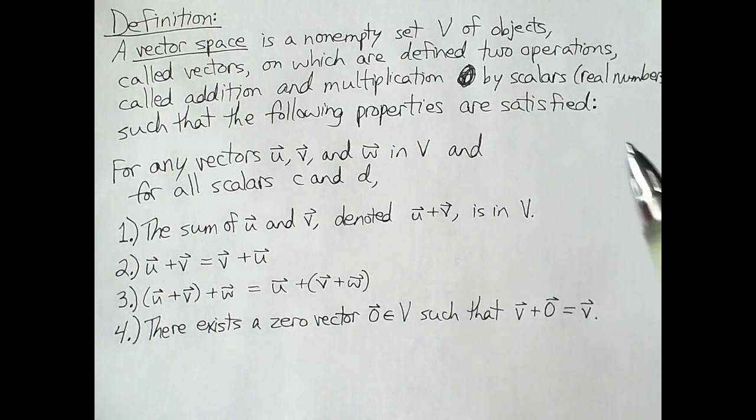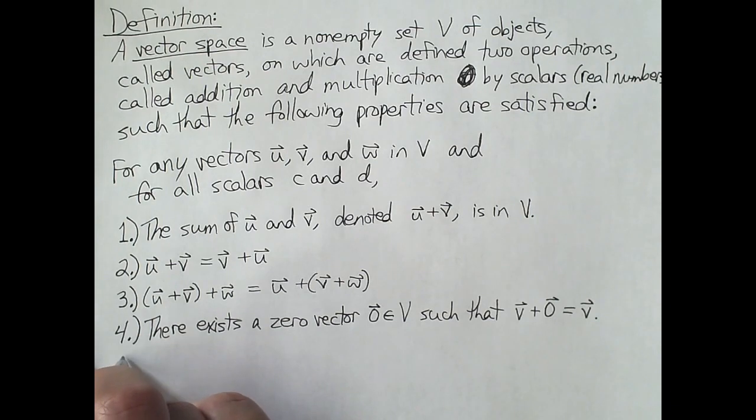So the set that we're talking about has to contain an element that acts as a 0 vector so that when you add it to any vector v, it doesn't change v. Adding 0 doesn't change the vector that you started with. These seem like reasonable properties to look for in a set.